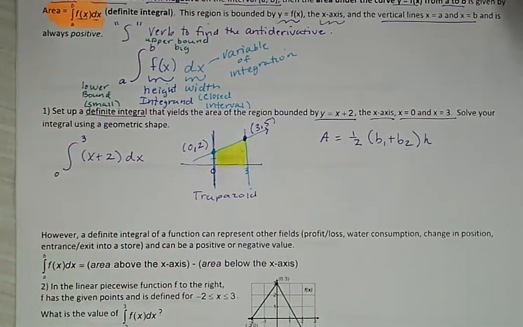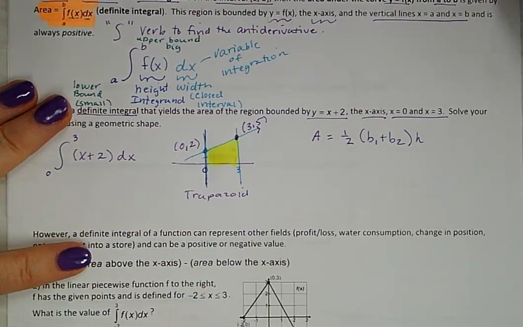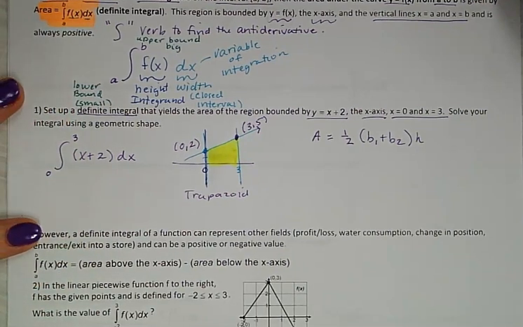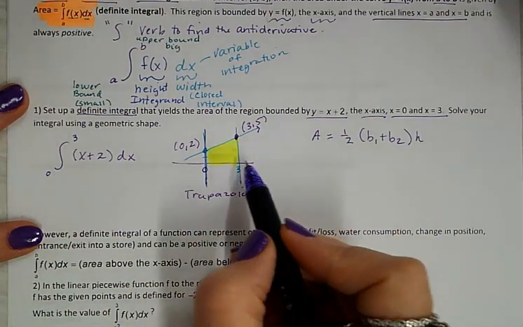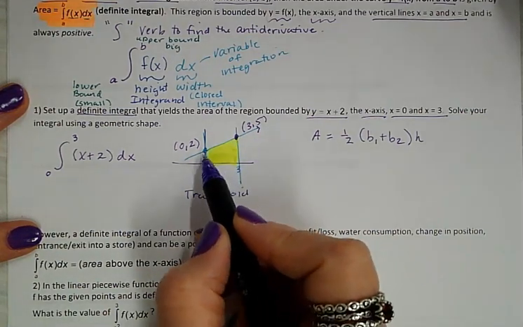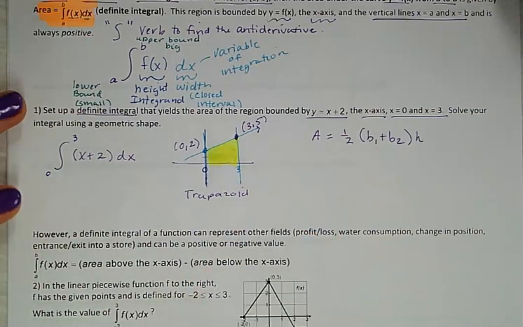Or you can say 1/2 the height times base 1 plus base 2. So we don't have to approximate. We can actually plug our information in. We do have the length of the bases and we do have the height. So remember, we're going to think about this as the height, and these are base 1 and base 2.